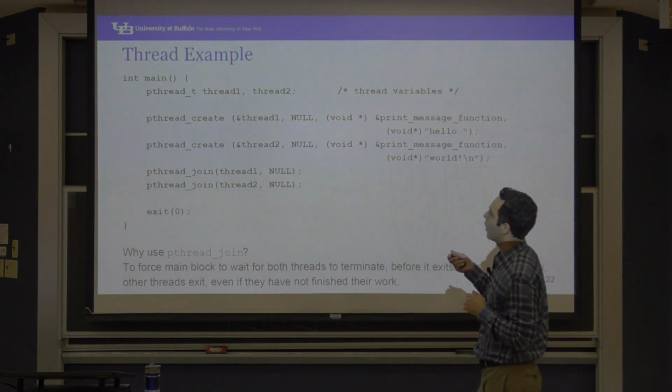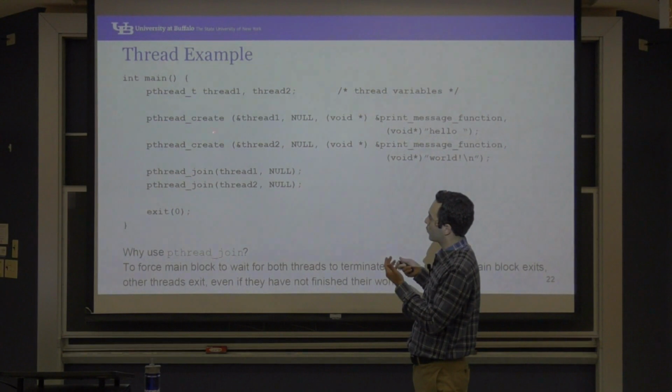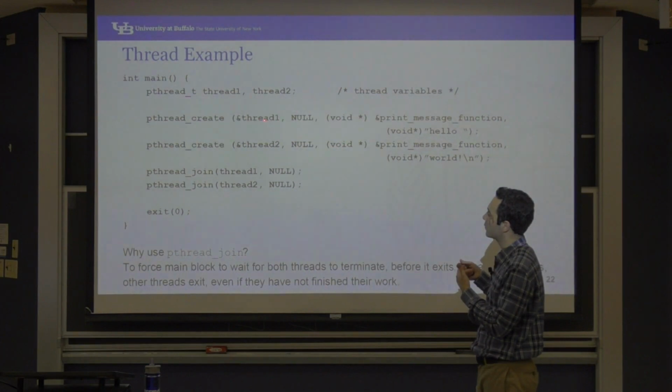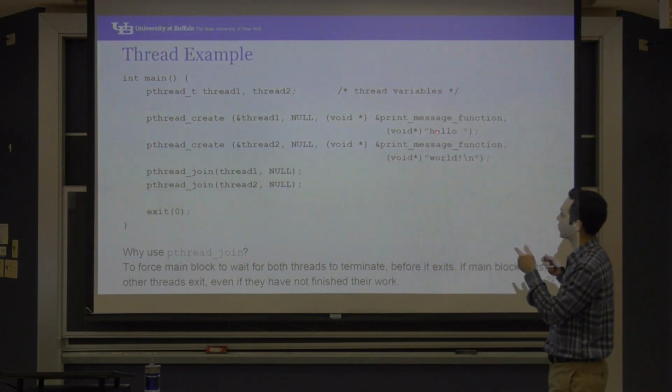So then you create two thread variables. When pthread_create runs, this thread struct, you can now expect it to refer to thread 1. Now thread 1 gets executed, starting to execute this function.